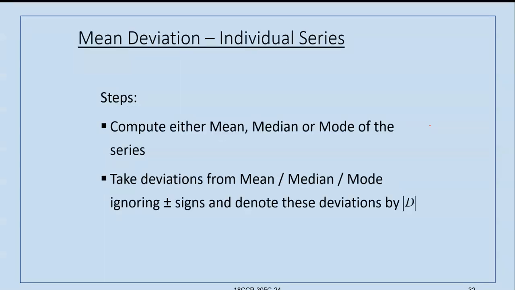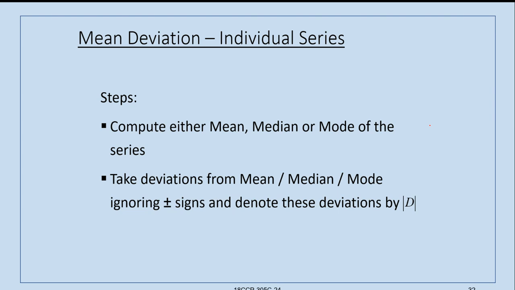Steps for calculating mean deviation, individual series. We will calculate either the mean, median, or mode of the series. Take deviations from the mean, median, or mode, any one we will take, and ignoring signs, denote these deviations by modulus d. That means minus d is also plus d here.